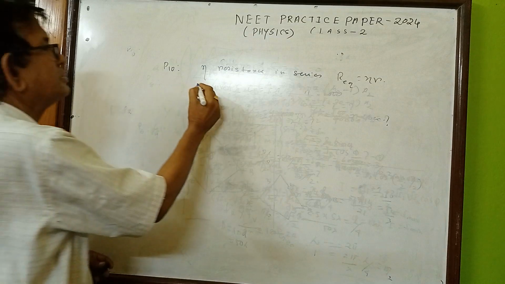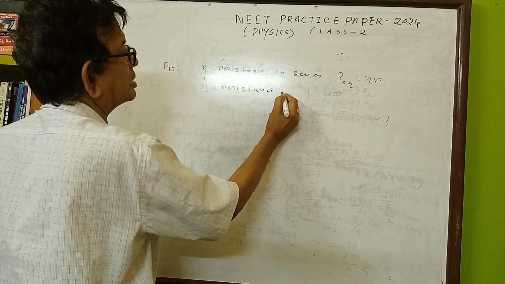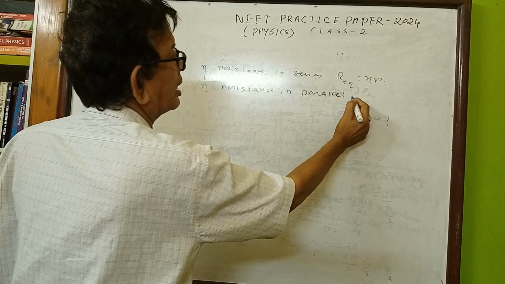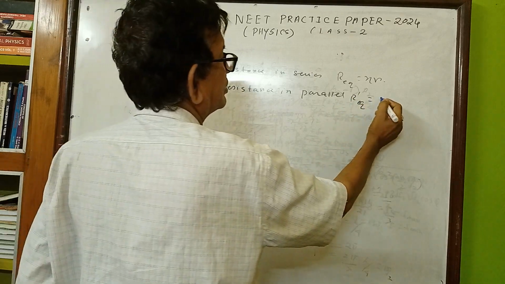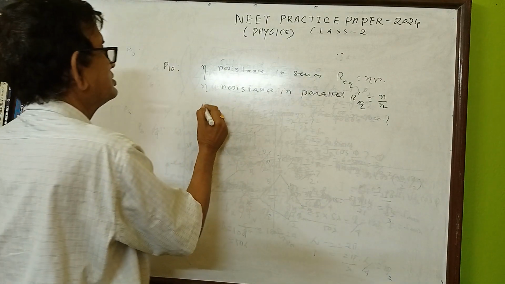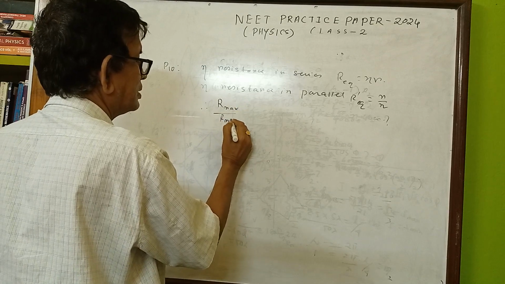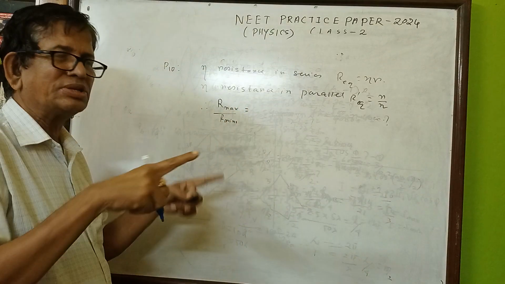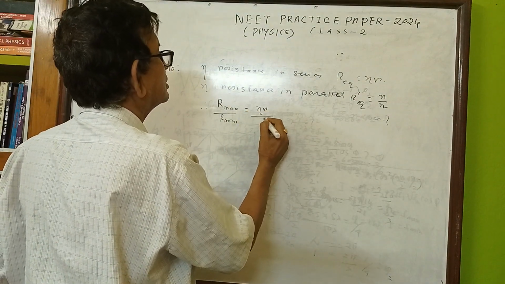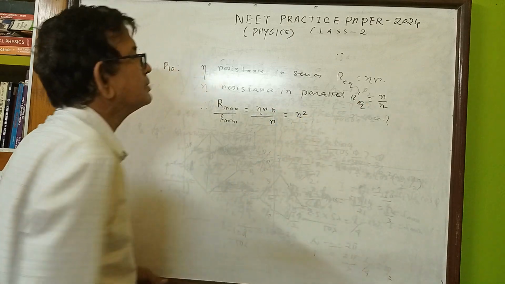Now again N resistances in parallel, then R equivalent will be R by N. They are asking the ratio of R maximum by R minimum. Now R maximum means when all resistances are in series, that is NR. R minimum means R by N, reversed, so it will be N square.